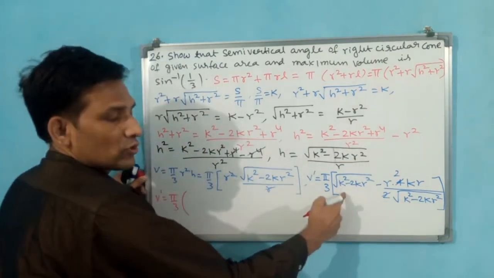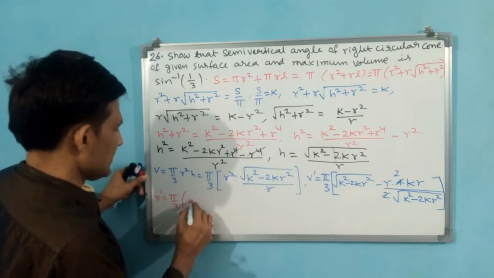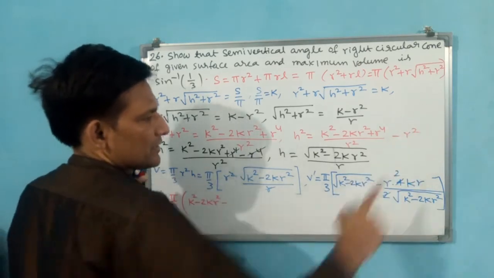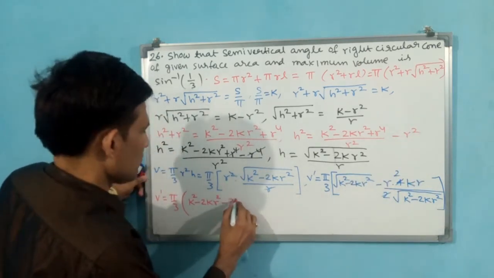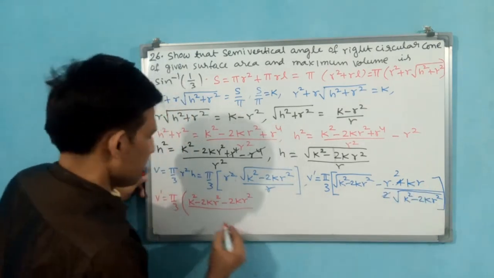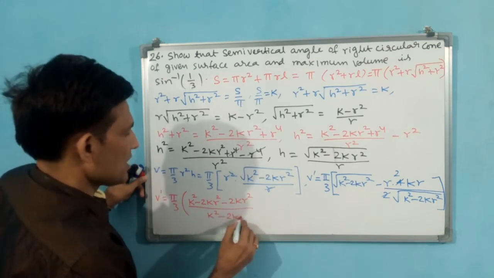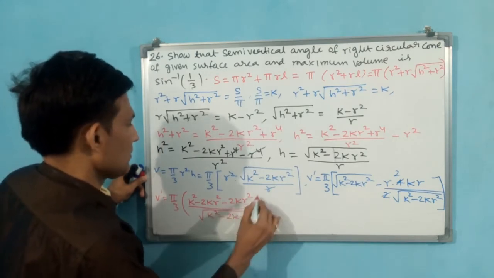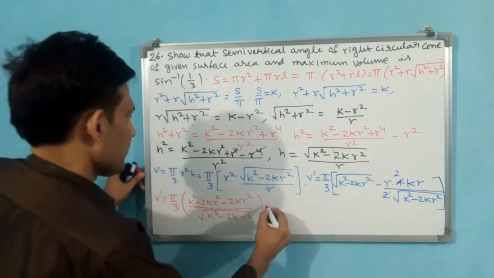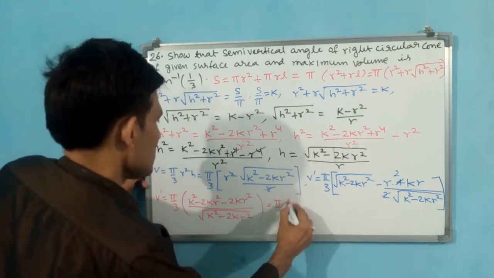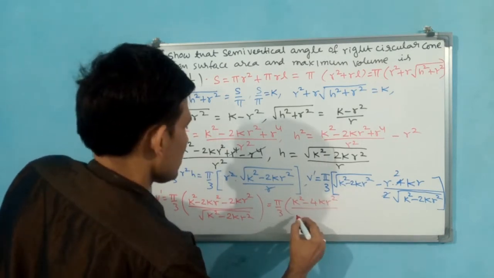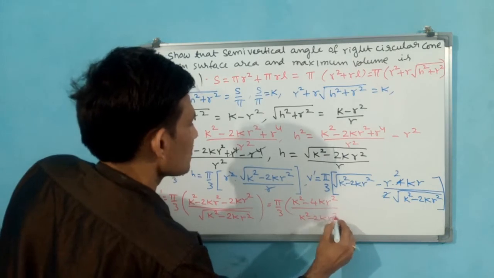Square root into square root, roots are going to get cancelled. k square minus 2k r square, minus, cross multiplication, 2k r square divided by root of k square minus 2k r square. Minus 2k r square minus 2k r square is minus 4k r square: pi by 3 into k square minus 4k r square by root of k square minus 2k r square.